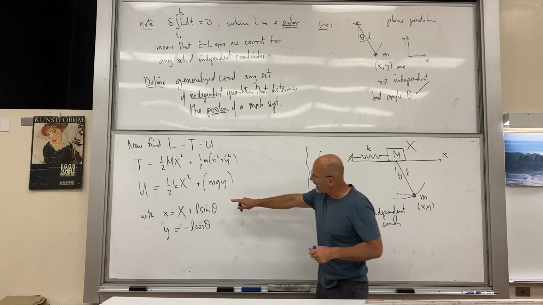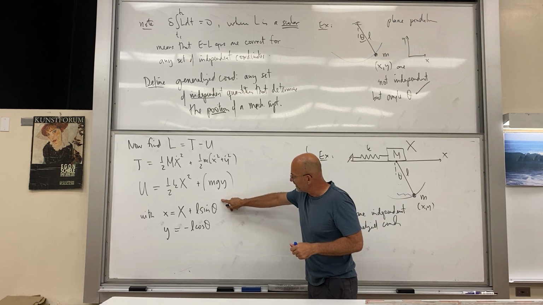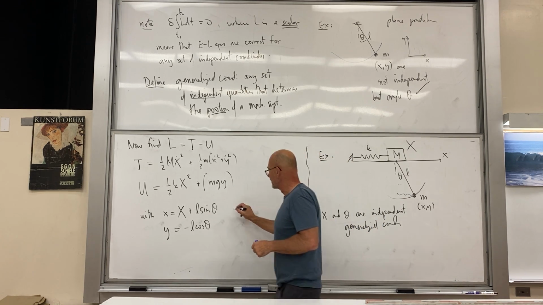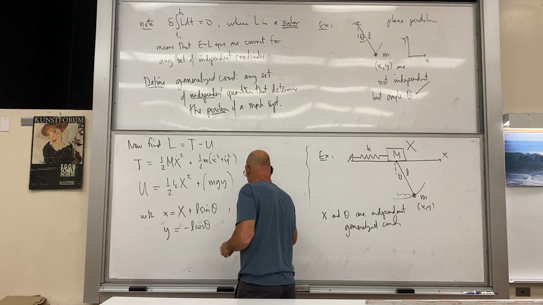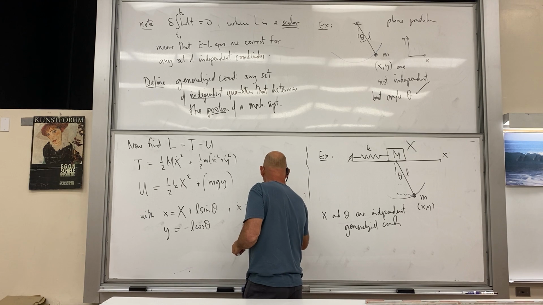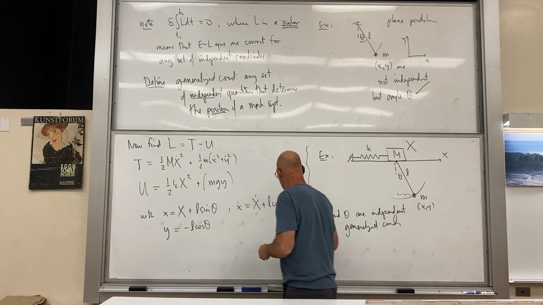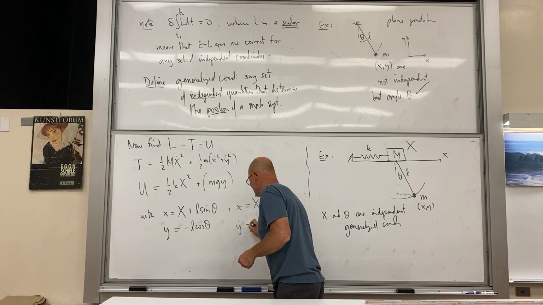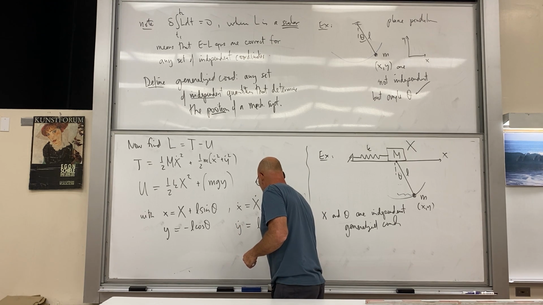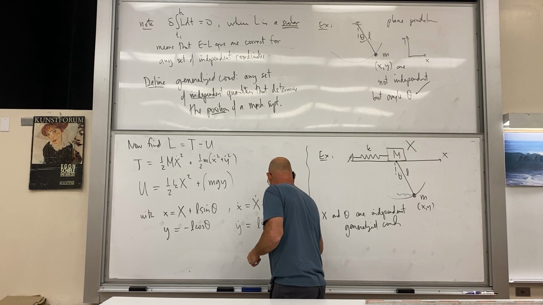And now we have to differentiate and square. So we have x dot equals capital X dot plus L cos theta theta dot, chain rule, right? And y dot is equal to L sine theta theta dot.